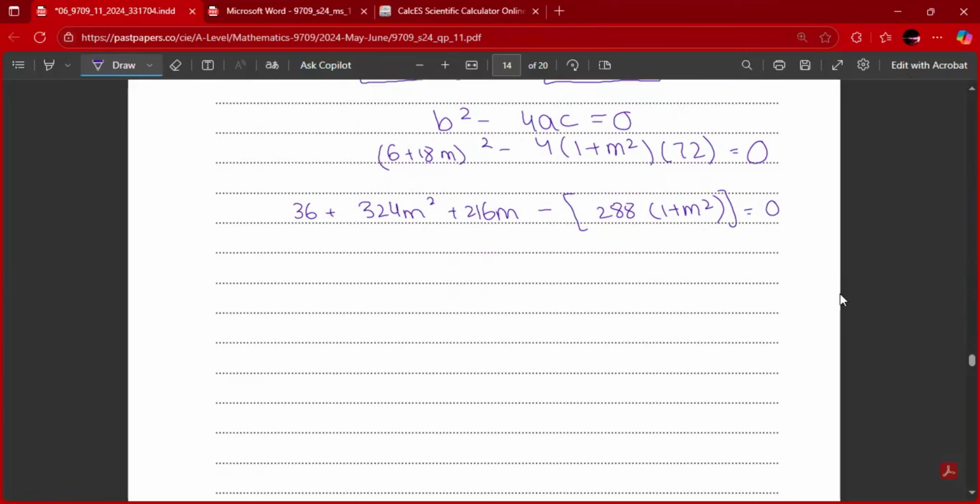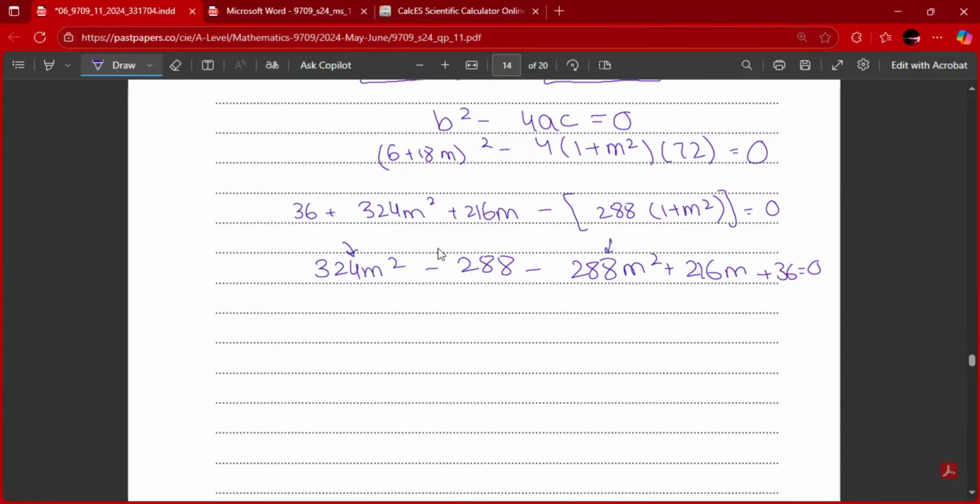This thing looks fishy to me, but let's trust the process. Simplification. This thing subtracts with this thing.